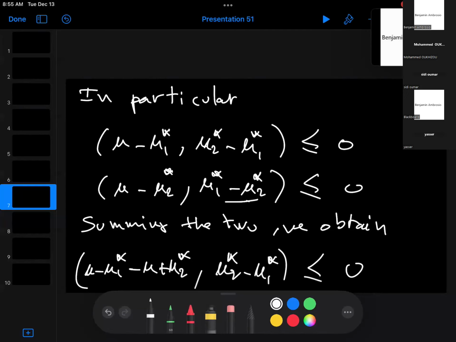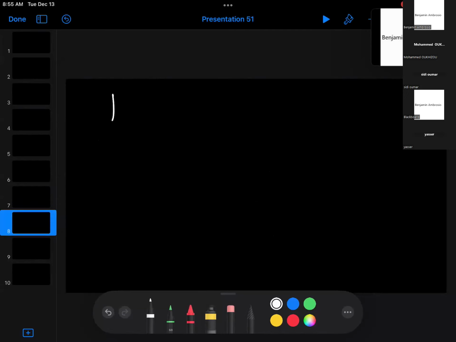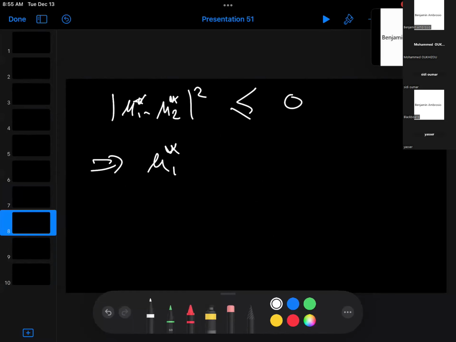And so this gives U1 star minus U2 star squared is non-positive, which implies U1 star equals U2 star. And we're done with the proof.